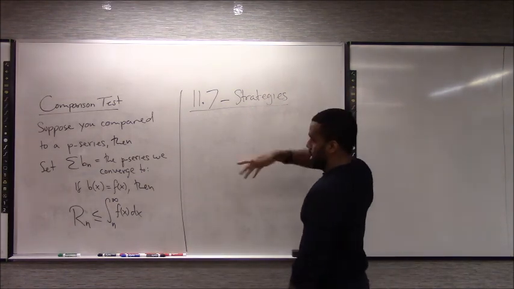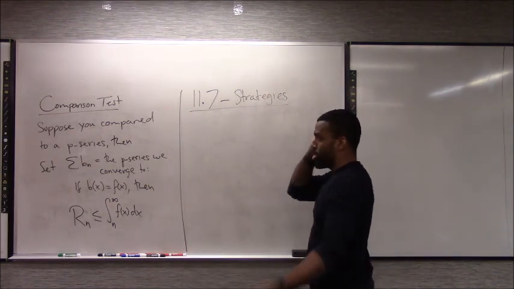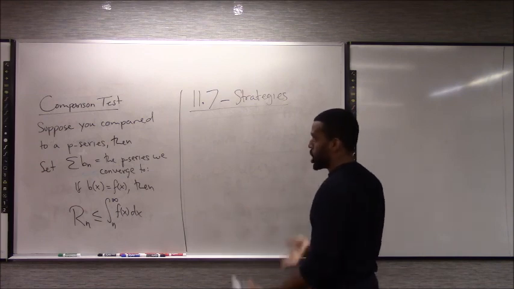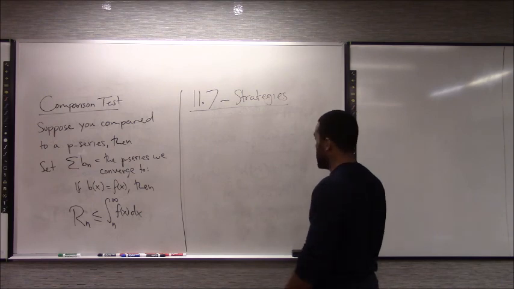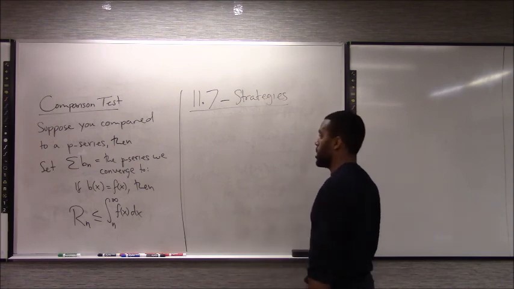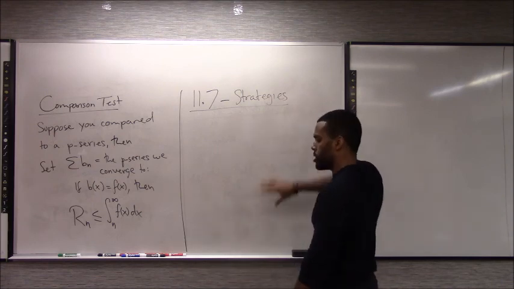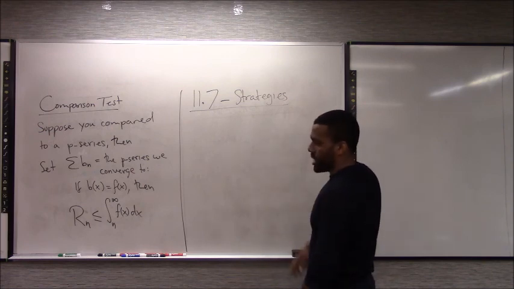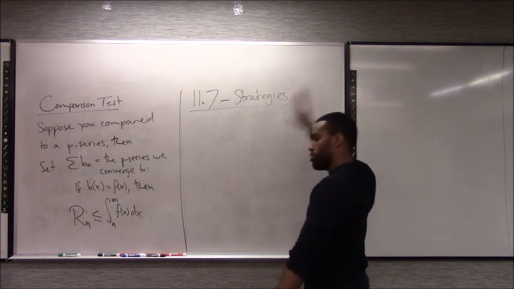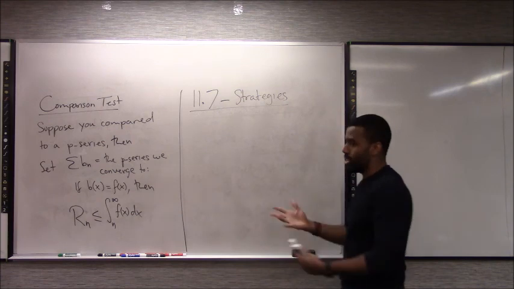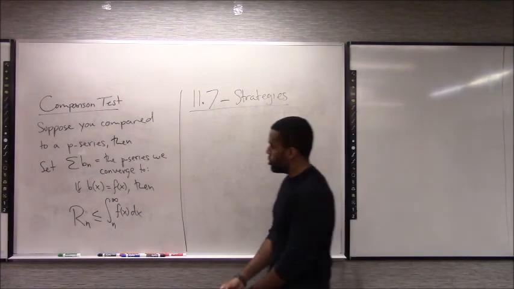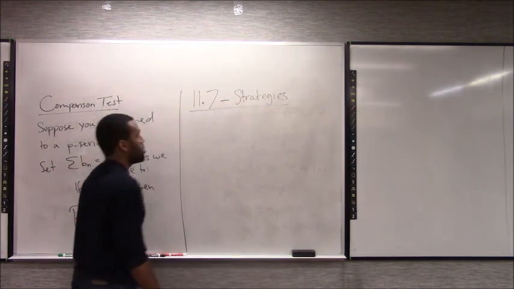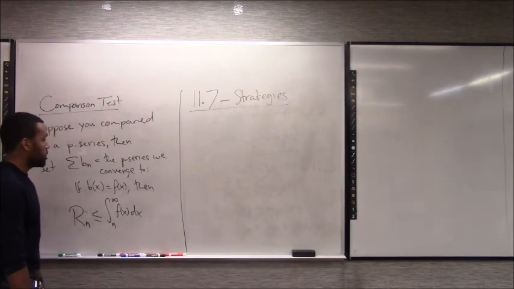So again, as you guys probably realize, sometimes it's kind of hard to see which series test you might want to use for an arbitrary series. So there are some strategies that you might want to do. So 11.7 talks about the strategies, and then in its section it just gives you a random assortment of series and has you try to use the strategies now, see if you can recognize which series to use. So probably mention that before moving on.